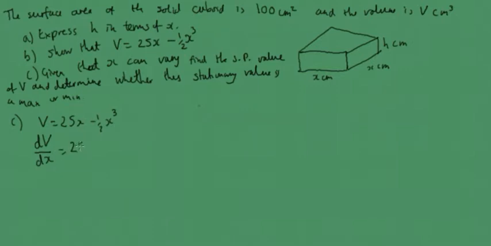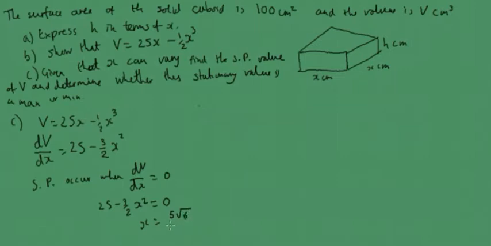So that'll be 25 minus 3 over 2 x squared. So stationary points occur when dV by dx equals 0. So 25 minus 3 over 2 x squared equals 0. And if we rearrange that, we'll get x is going to be 5 root 6 over 3.